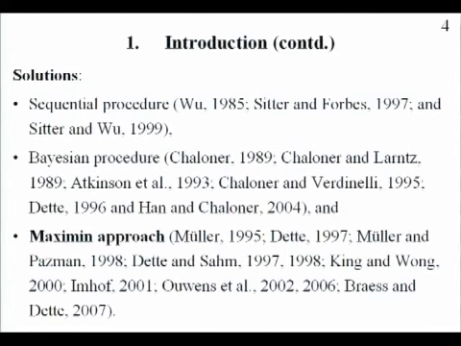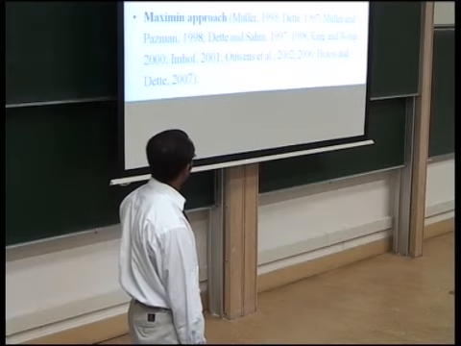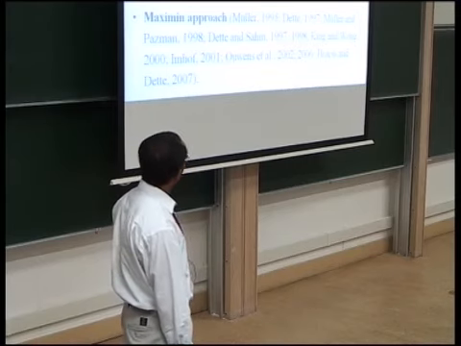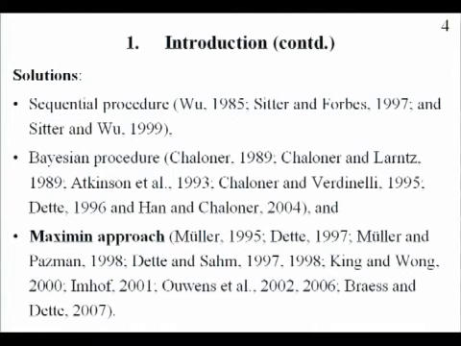And the fourth approach is the Maximin approach, where we try to find a design that maximizes the minimum relative efficiency over user-defined parameter values. In our case, we will focus on this last approach in the context of longitudinal measurements with binary responses.